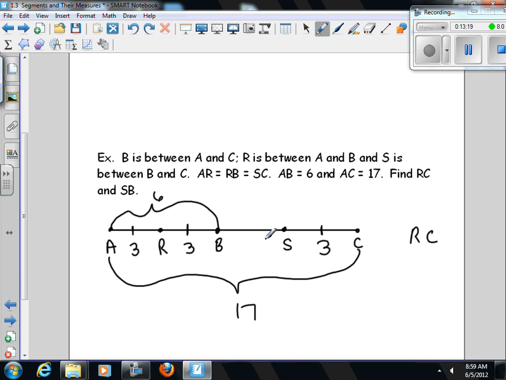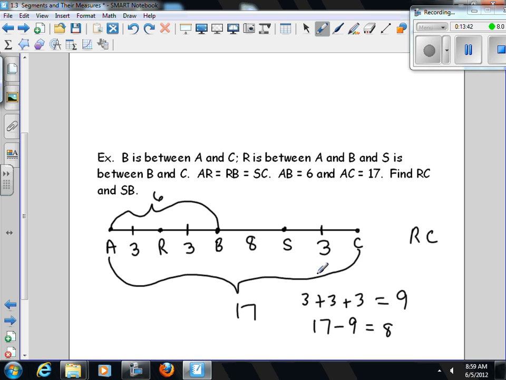Well, we can certainly find SB because we know that from A to C is 17. And so far, we've got 3, 3, and 3. So we know that we have a total of 9, and we just need to find what's left over, which will give us SB. So 17 minus 9 gives us 8.